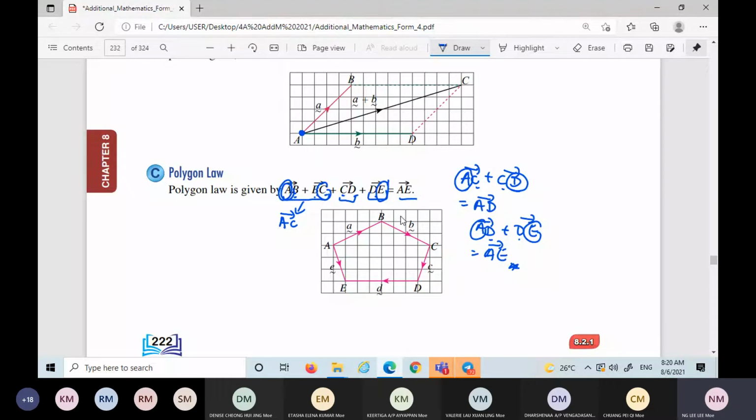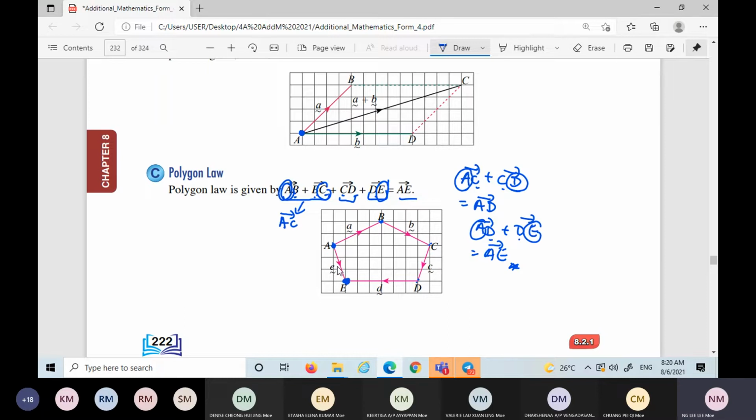If by drawing the diagram, A to B, remember triangle law, the ending point will be the starting point of the second vector. B to C, C to D, D to E. Therefore, starting here at A, you go through this path, this path, this path, this path, and then the end is this. If I want a shortcut, it's from A to E.